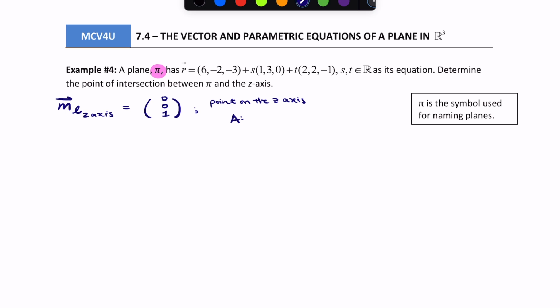Again, that can be represented as A, and here again, 0, 0, and z. Okay, so again, here we see that if A is a point of intersection, then A also lies on the plane.